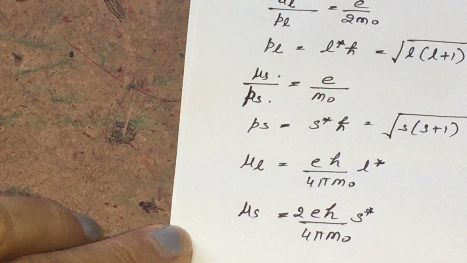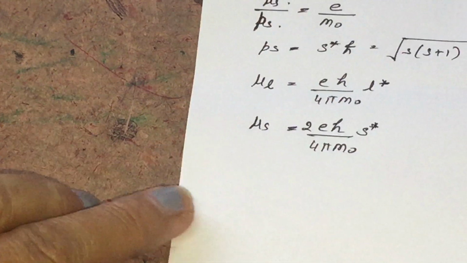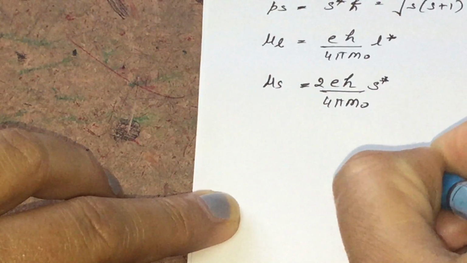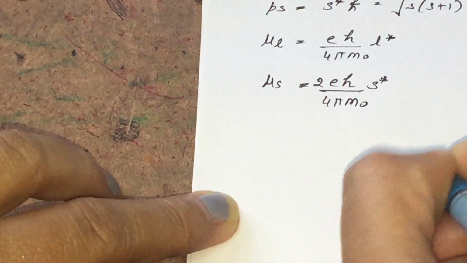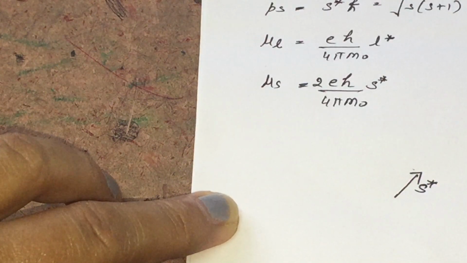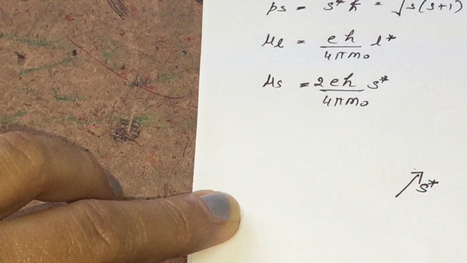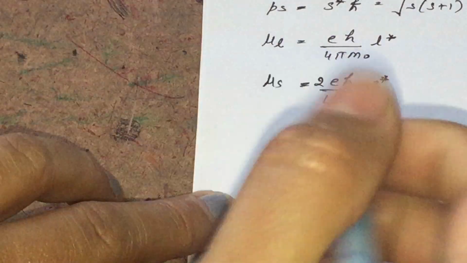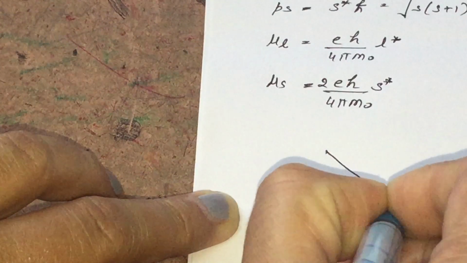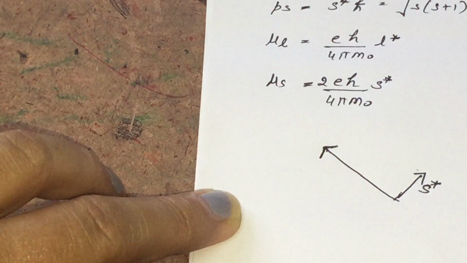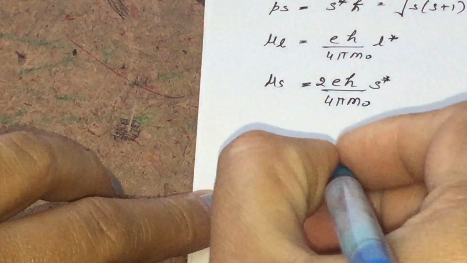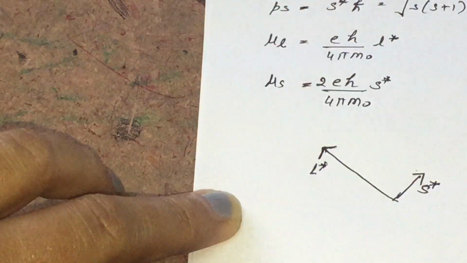Let us consider this is our atom, and in our atom the total spin quantum number is s, and corresponding to spin quantum number s we have a spin angular momentum, which we denote with s star. Similarly, with respect to the orbital motion, let us consider the total orbital angular momentum of our given atom is indicated by L star.